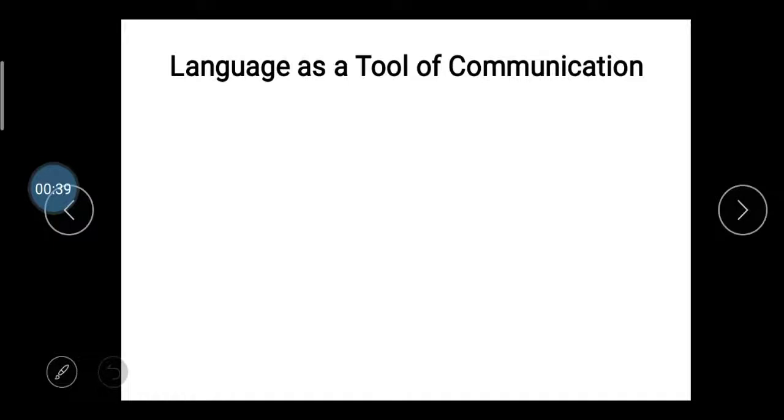Language is used as the tool of communication because whenever you communicate with your friends, your colleagues, your boss, at that time you use language.